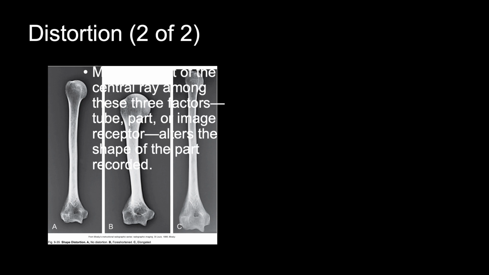A is the true actual size of the bone with maybe a little bit of magnification. B is foreshortened, which means it's shorter. And then C, elongated. It's a lot longer than the actual size of the bone. And this can all be from either the tube, the part, or the image receptor being misaligned.